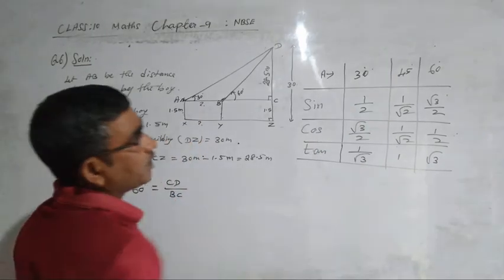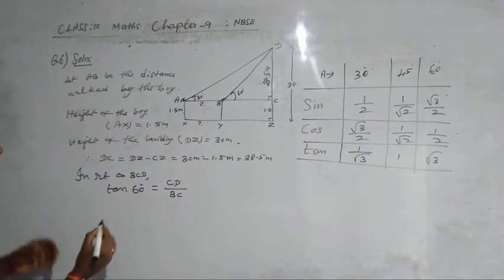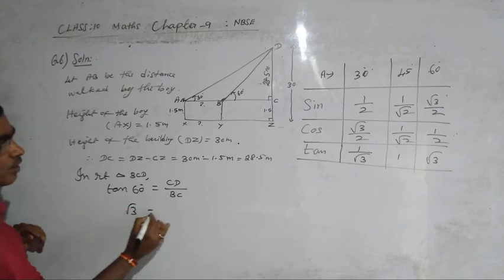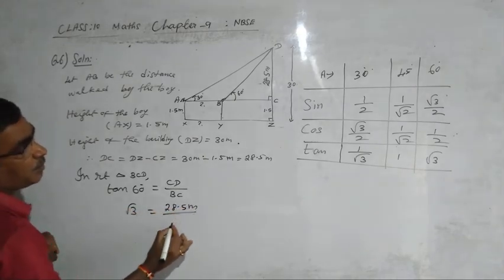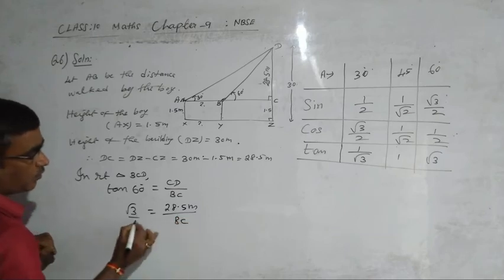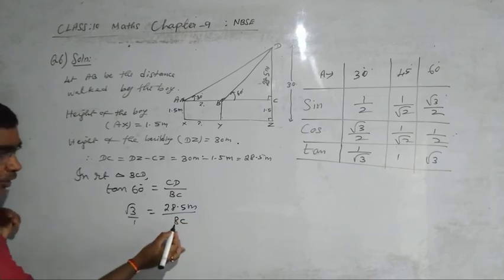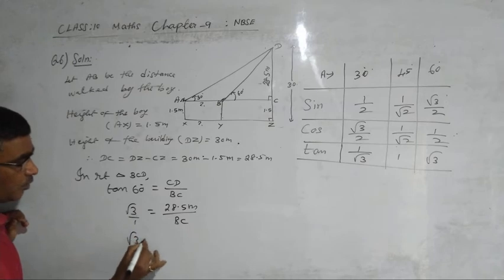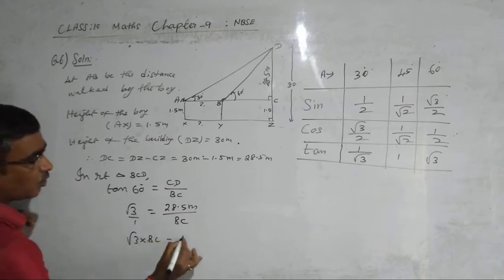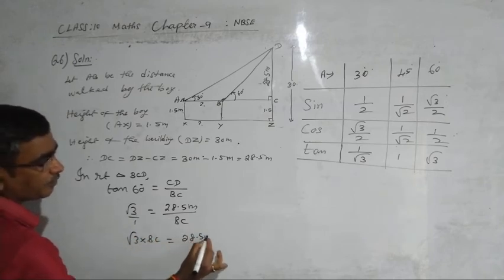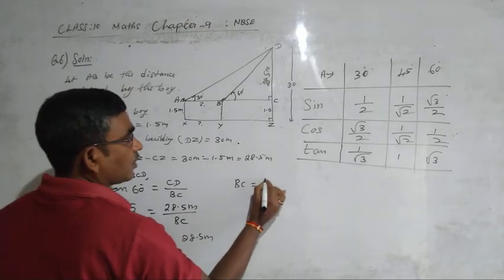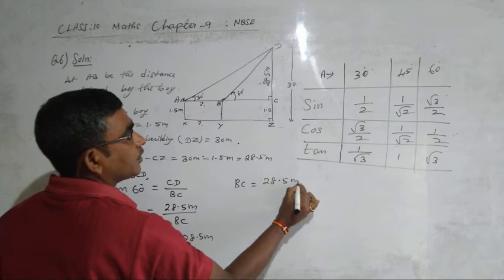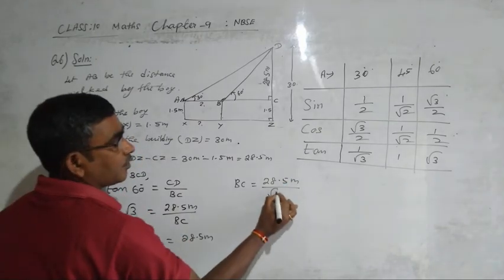The value of tan is given in the table. Tan 60 is root 3, equal to CD which is 28.5 meter, and BC we don't know. So let's find that. We multiply crossly. So root 3 into BC is equal to 28.5 meter. So BC is equal to 28.5 meter divided by root 3.